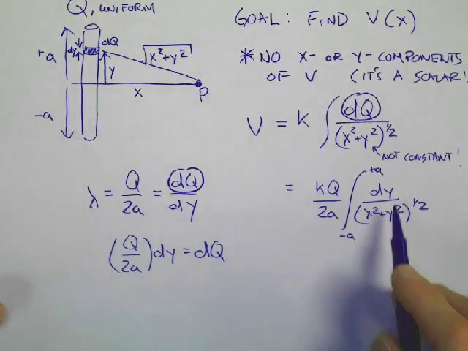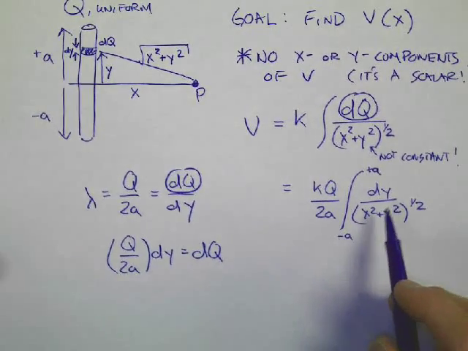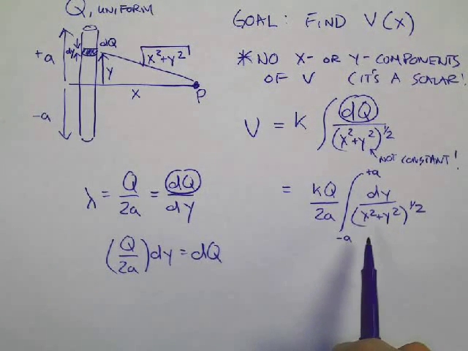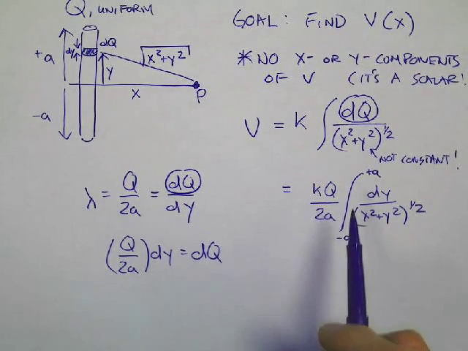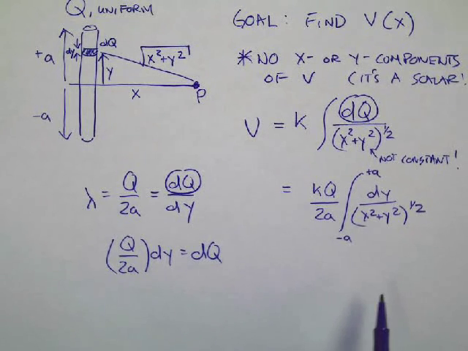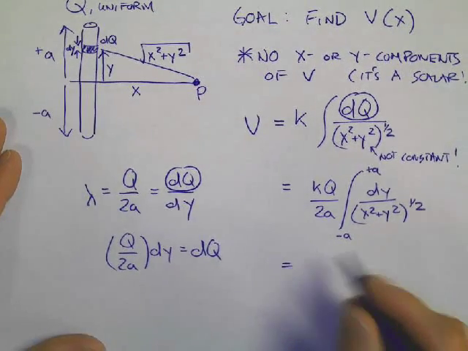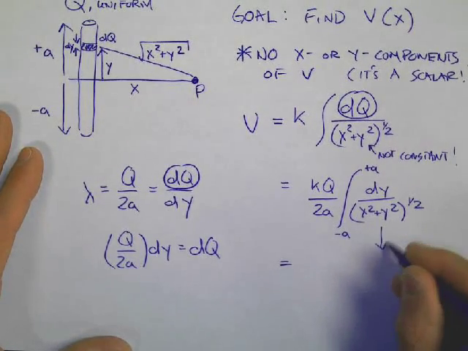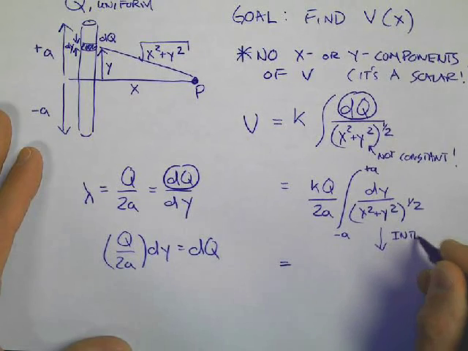And so now I've changed my integral from an integral of charge to an integral in terms of the vertical height. So I can now put endpoints on this, because I'm going to integrate y from negative a to positive a to finish this up. Okay, so that's good. What's bad is that this is a complicated integral to solve, so we're going to use an integral table for that.